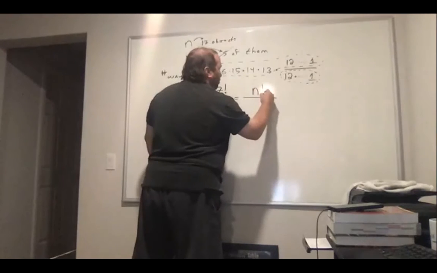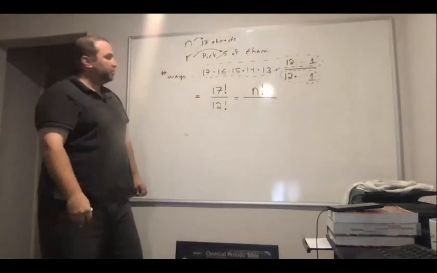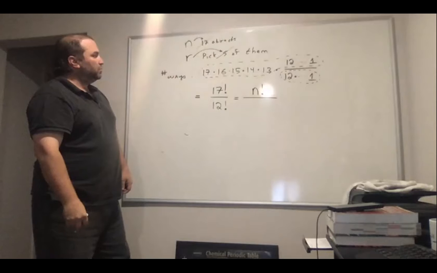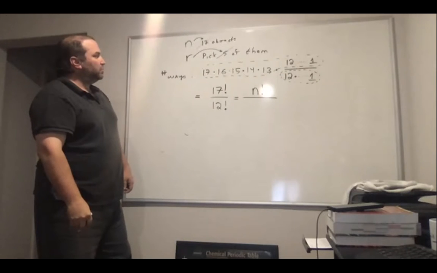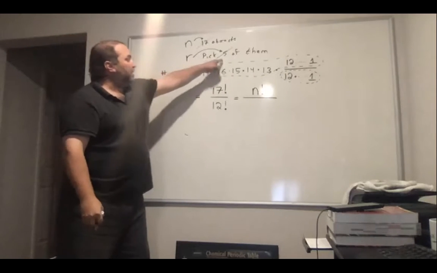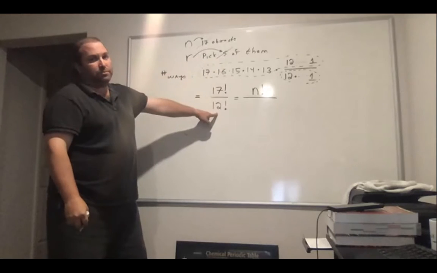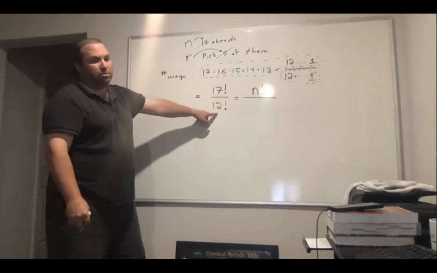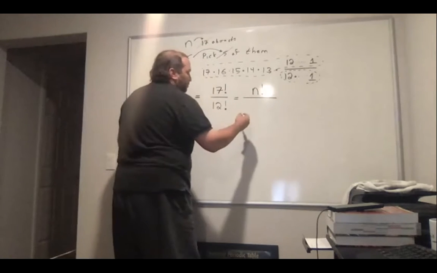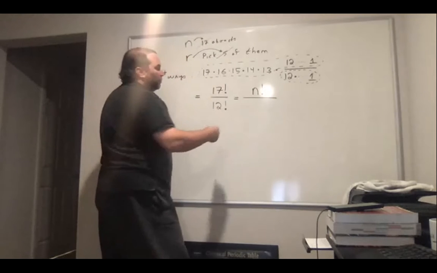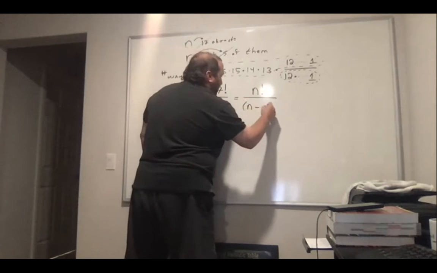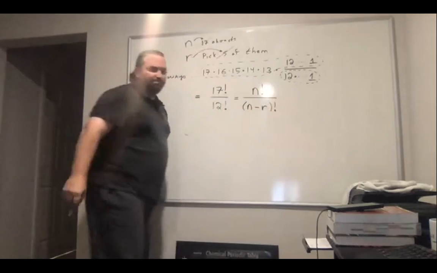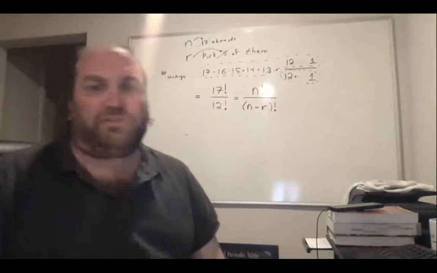And what would I put on bottom? R is 5. I don't have a 5 here. All right, so it's not n factorial over r factorial. It's n minus r factorial. And that is the formula on the top of slide 7.